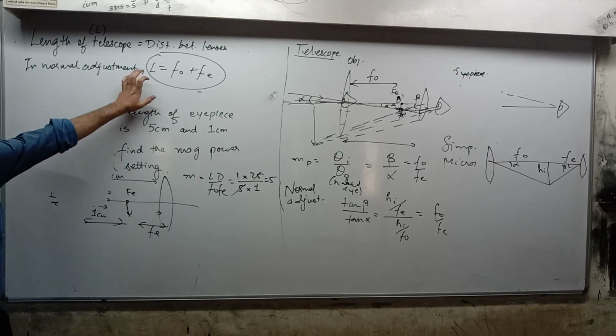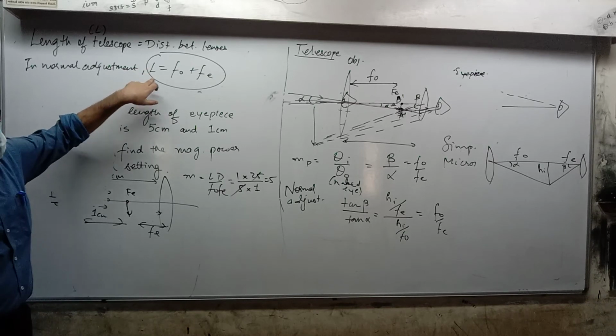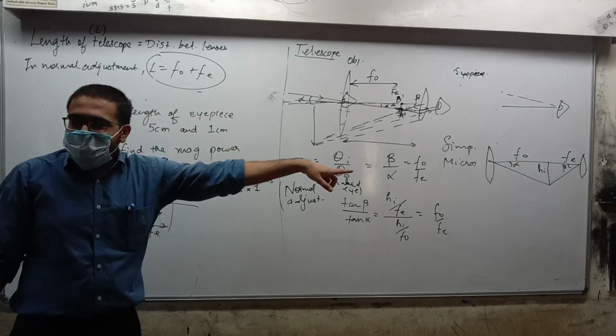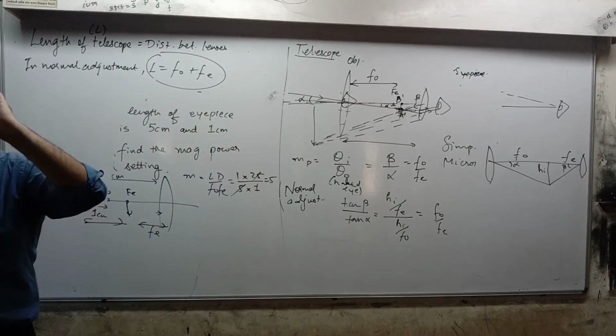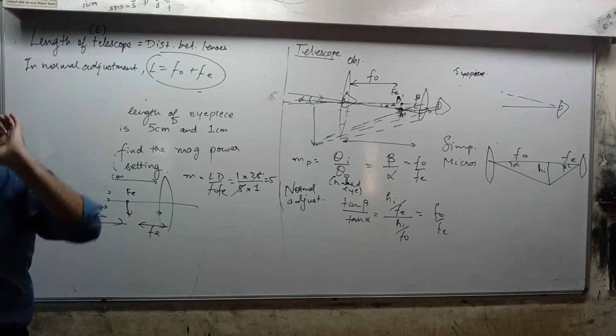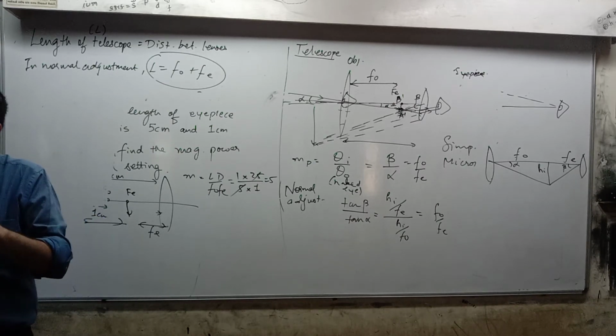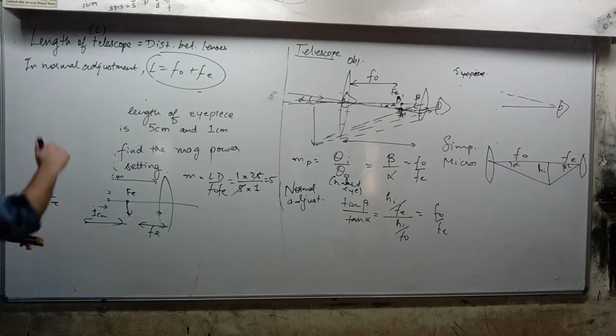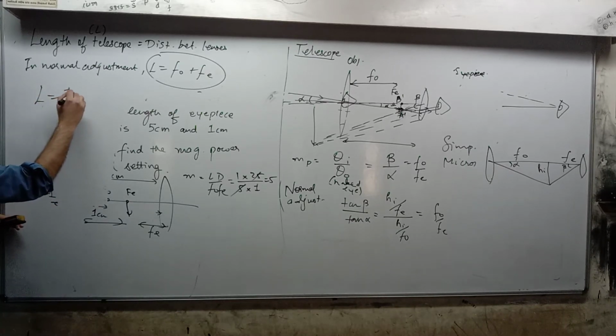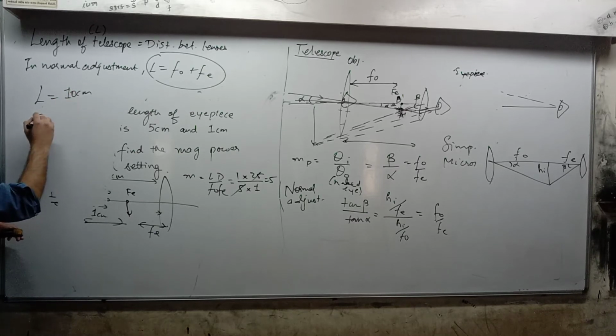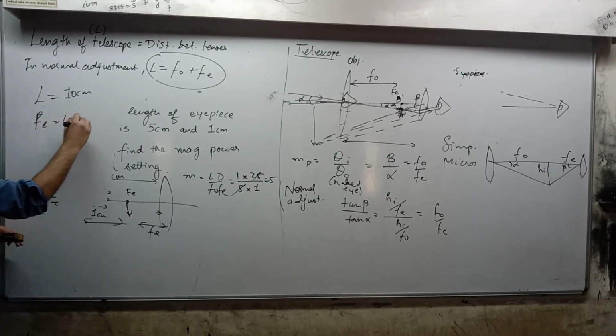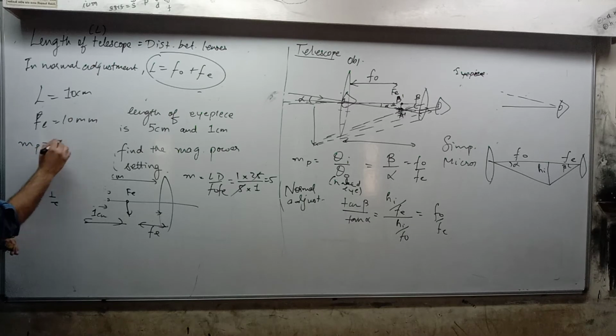Remember all this. Sometimes they give it indirectly. For example they might say length of the telescope is let's say 10 centimeter and focal length of eyepiece is 10 mm. Then find magnifying power of telescope.